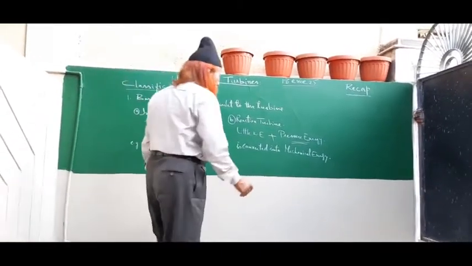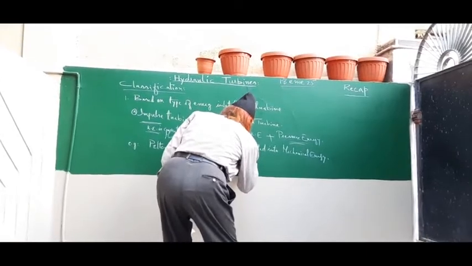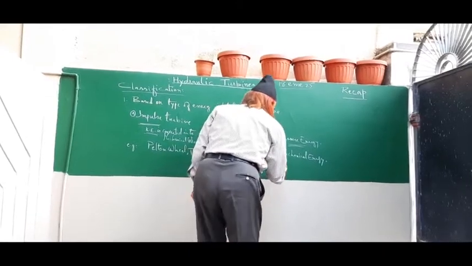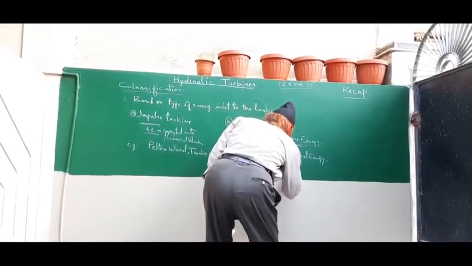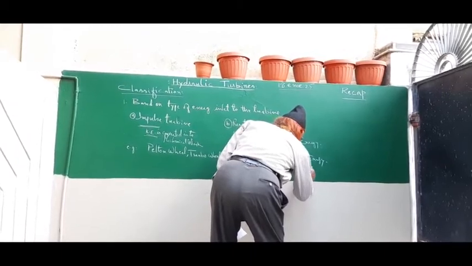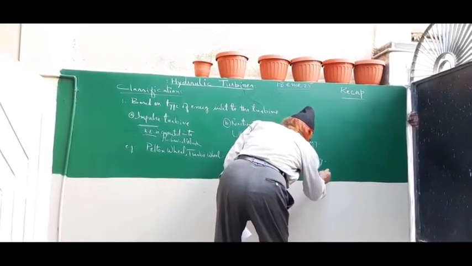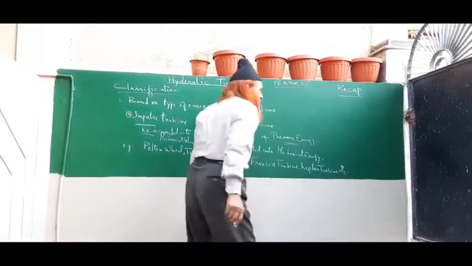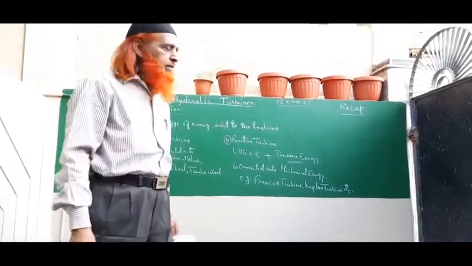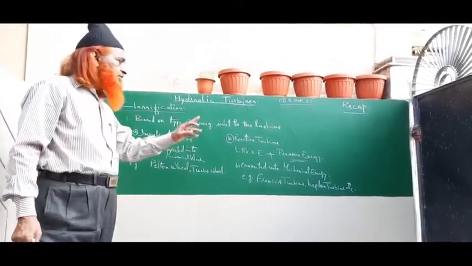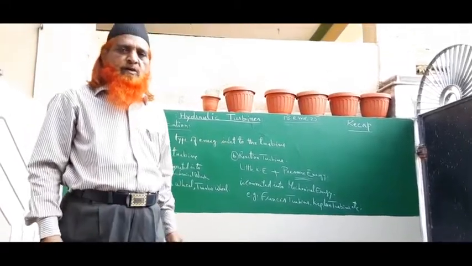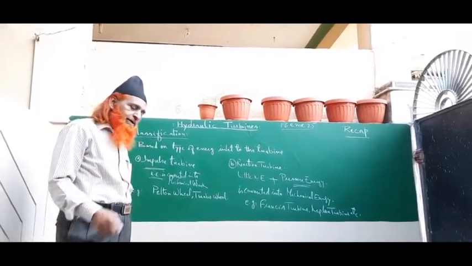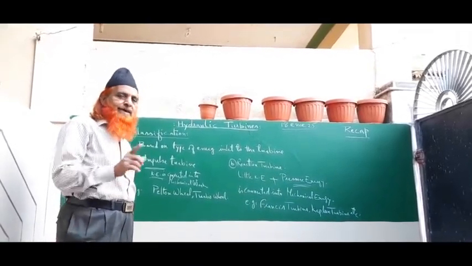The examples of reaction turbines are the Francis turbine and the Kaplan turbine, etc. Because as per your syllabus curriculum we are going to read the Pelton wheel, Francis turbine and Kaplan turbine briefly, those examples have been taken first. The Francis turbine is a reaction turbine. The Kaplan turbine is also a reaction turbine.